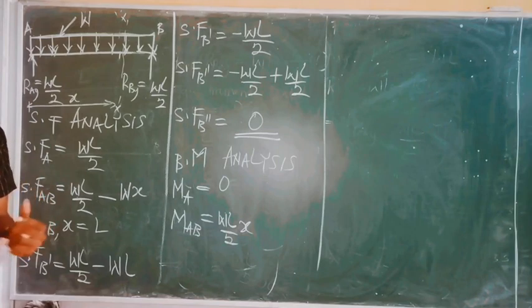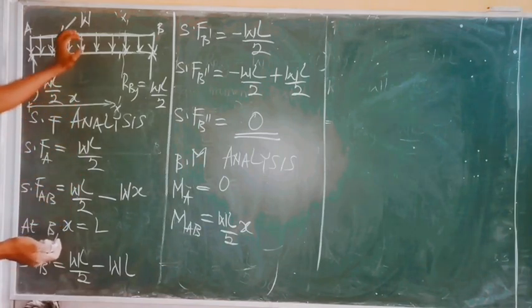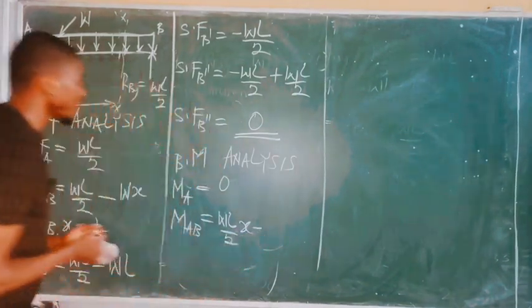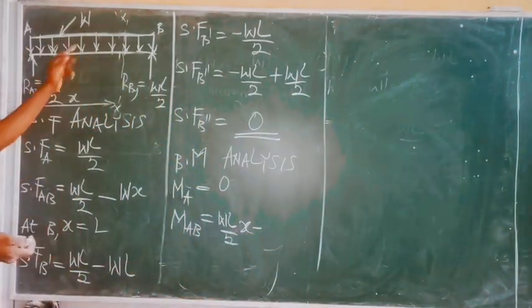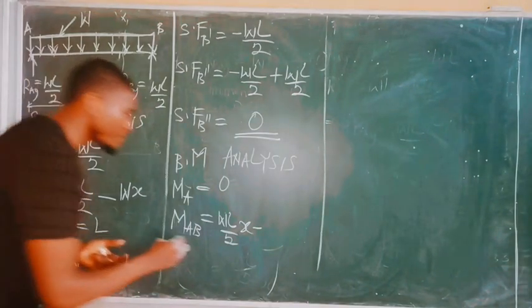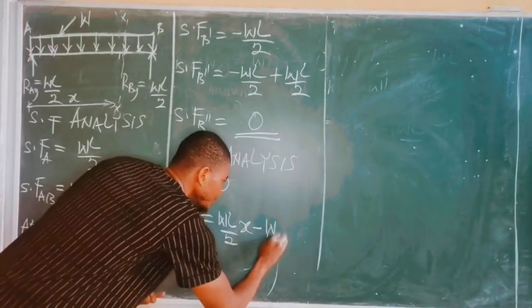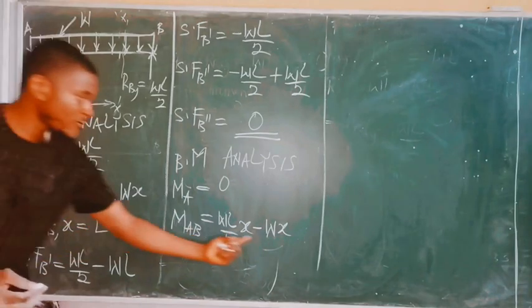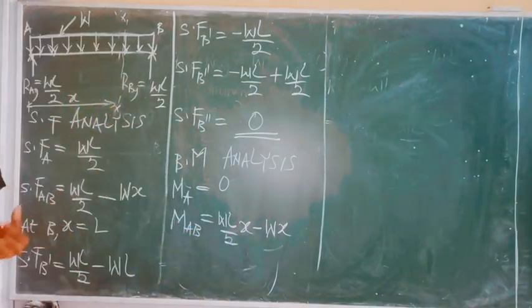Since this UDL load acts downward, it's going to be negative. Then again, I have to convert the UDL to a point load because moment is force times distance. So the point load due to the UDL will simply give me W times X. This is the point load and not a moment. This is just a force.